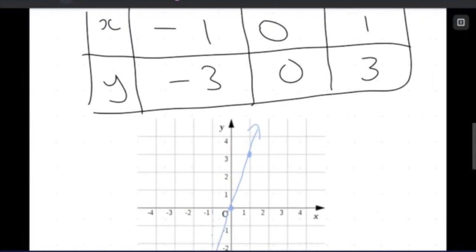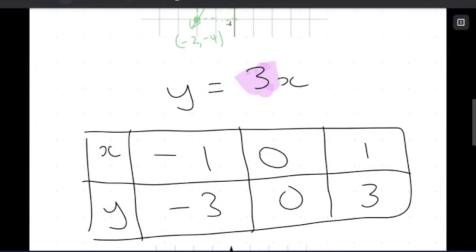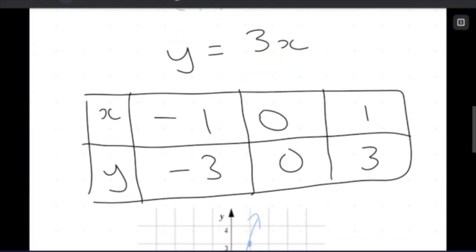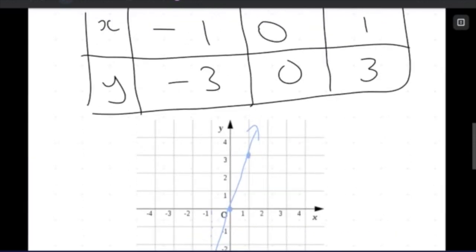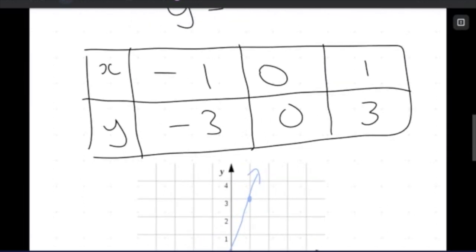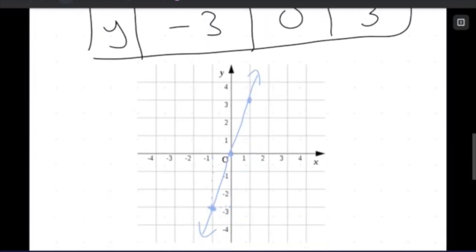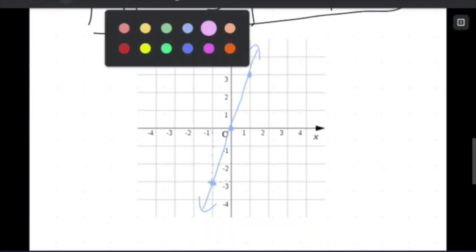So by observing this, that means that as my number in front of my x has increased, my graph has gotten slightly steeper. Now, what if I took maybe y equals 4x? Well, let me just draw it on here again.